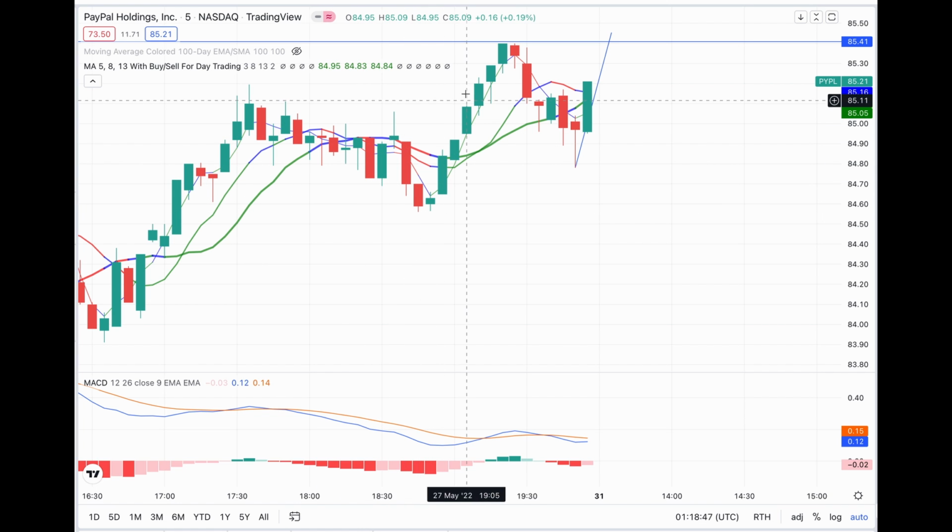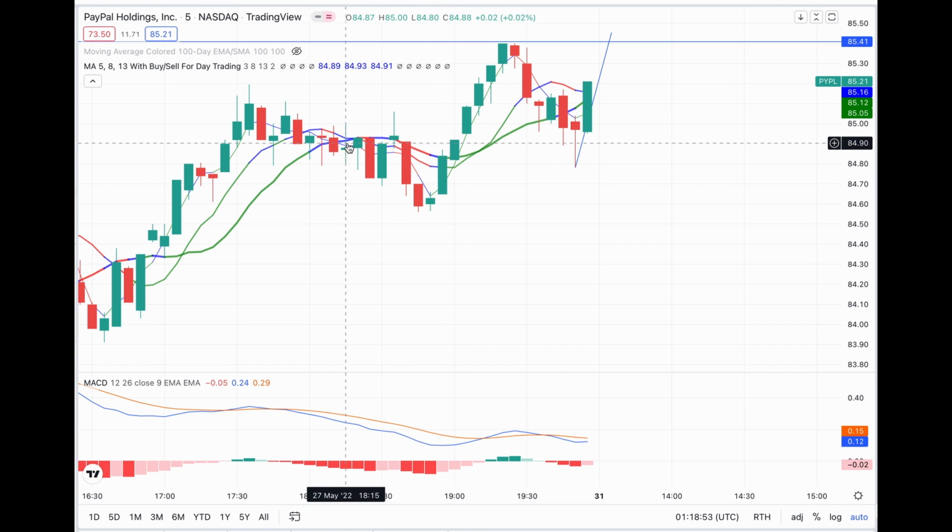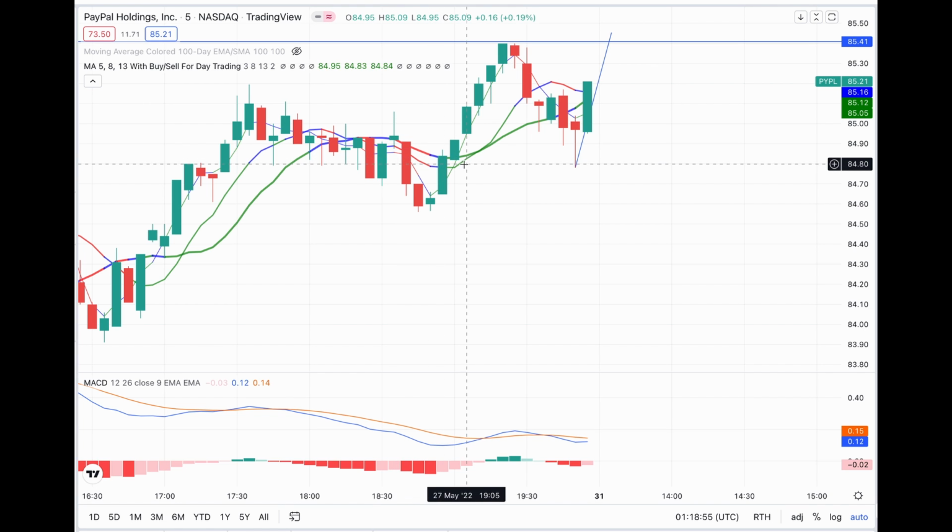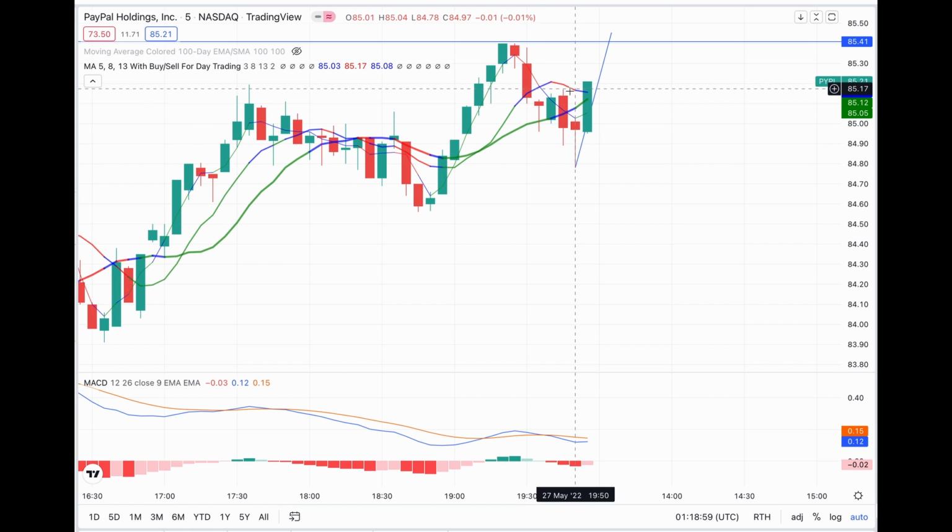And then you can see as we go in the uptrend here, the 5 goes through the 8 and the 13, and then the 8 comes through and shoots up through the 13 as well. And as you can see now, the 5 is through the 13.